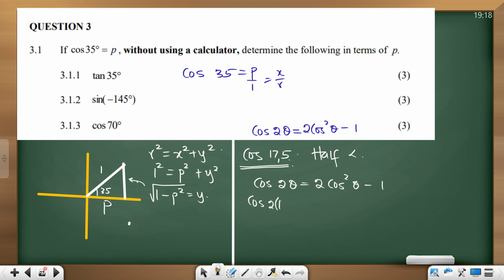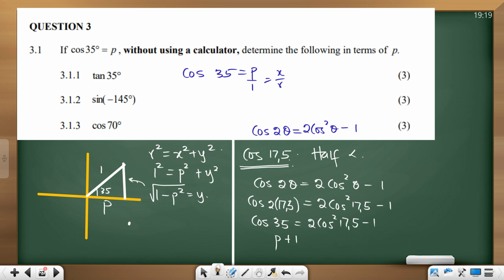Cos 2 times 17,5 equals 2 cos squared 17,5 minus 1. What is 17,5 times 2? 35. Cos 35 equals 2 cos squared 17,5 minus 1. What's cos 35? P. Can I bring the negative 1 over?